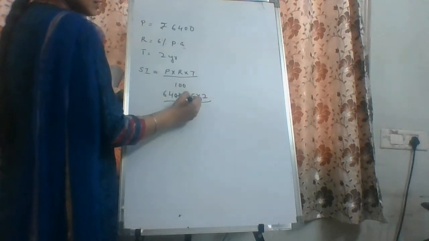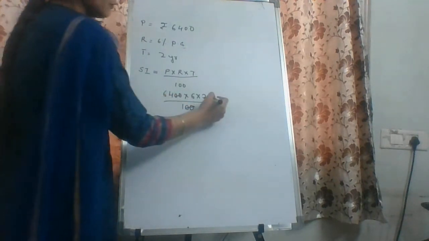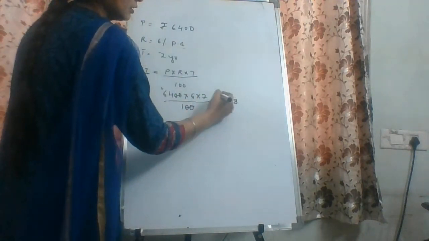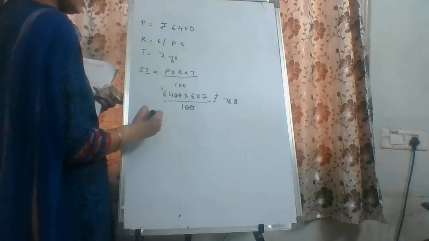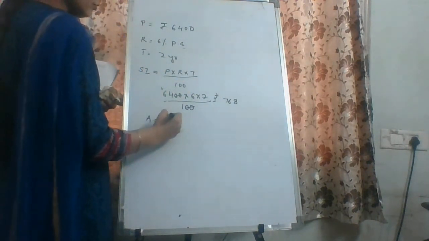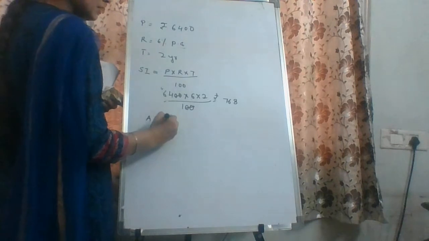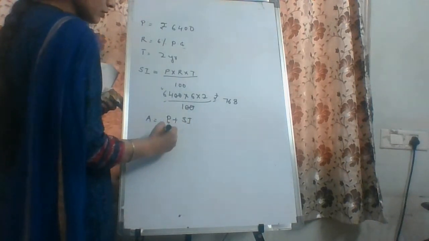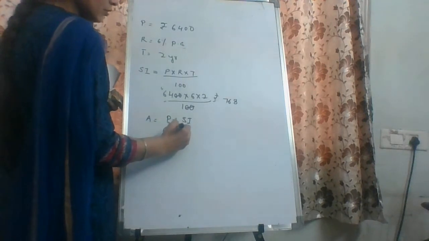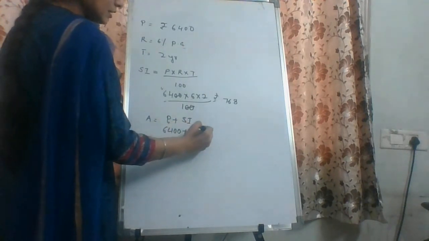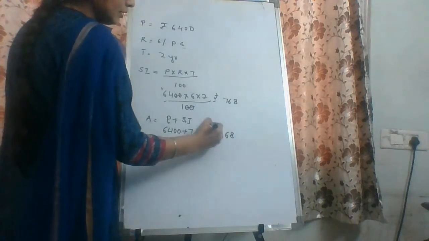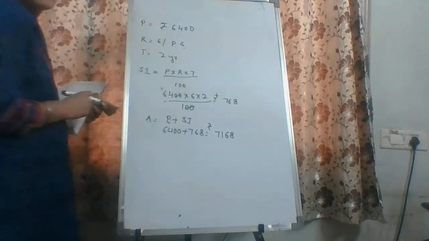This is 6 into 2, 12, 12 into 64, 768 rupees. Amount is equal to principal plus simple interest. This is equal to 6400 plus 768, which is equal to 7168 rupees.